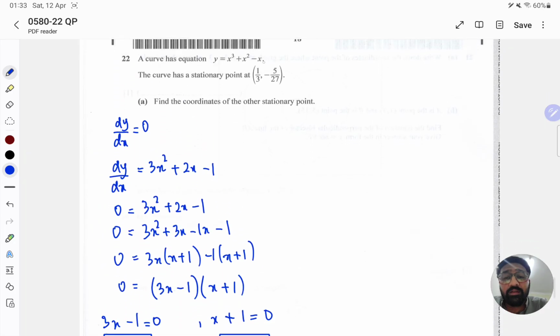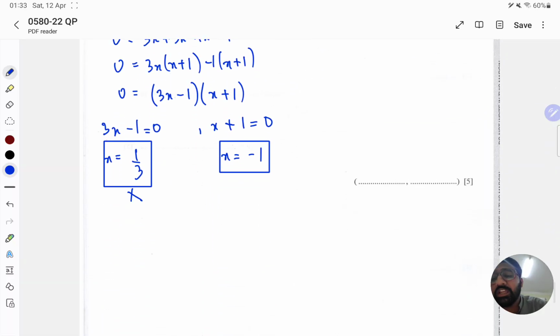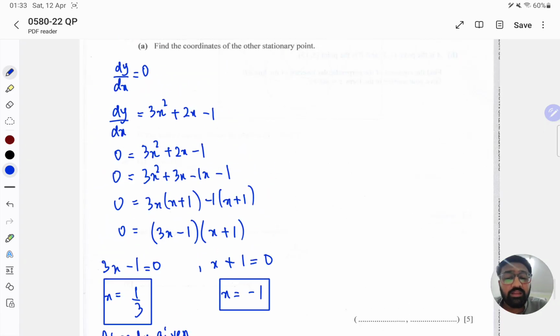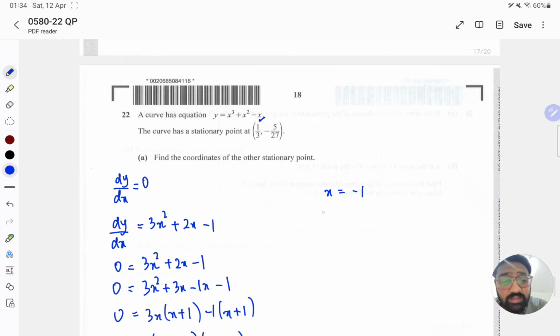You can see that one of the stationary point coordinates is already given, which is 1 by 3. So the x value of that stationary point is already given. He is asking you to find out the coordinates of the other stationary point. So we are going to use the value of x as minus 1. We will substitute it in the original equation.